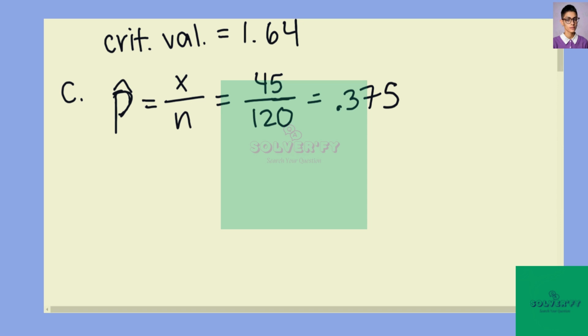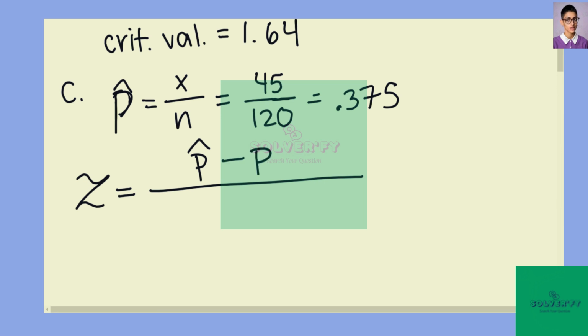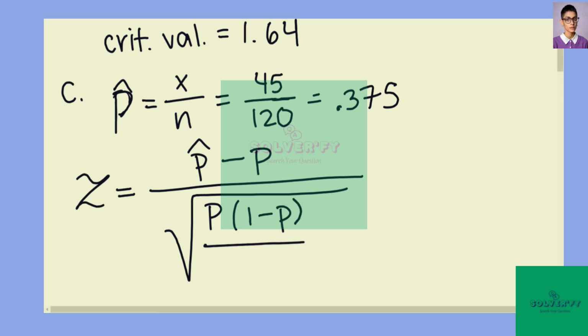Now you need to find the z value, and z is equal to the sample proportion minus the expected or claimed proportion all over the standard deviation given by the square root of the proportion times 1 minus the proportion, also known as q, over the sample size.